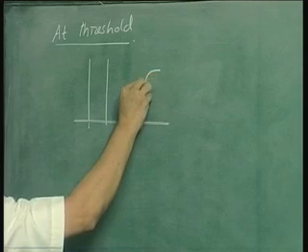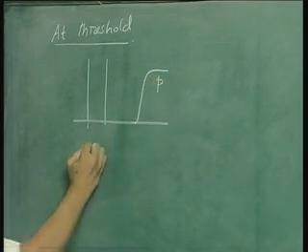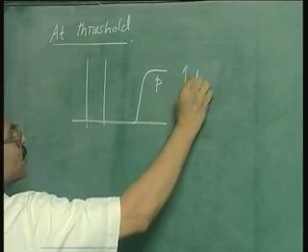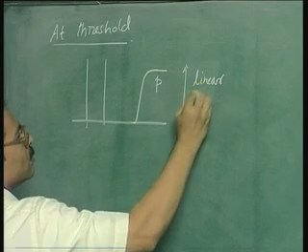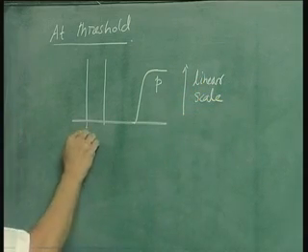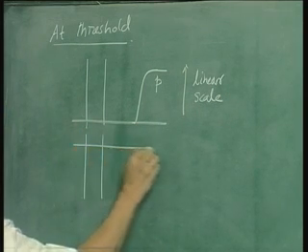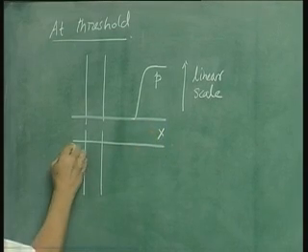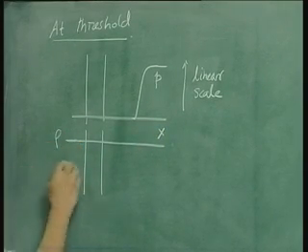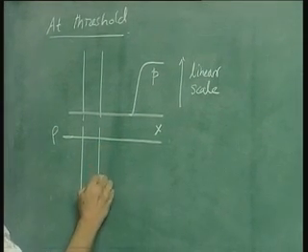So this is our hole concentration on a linear scale. Now we draw the space charge. Since the charge is negative, we draw it on the negative side.